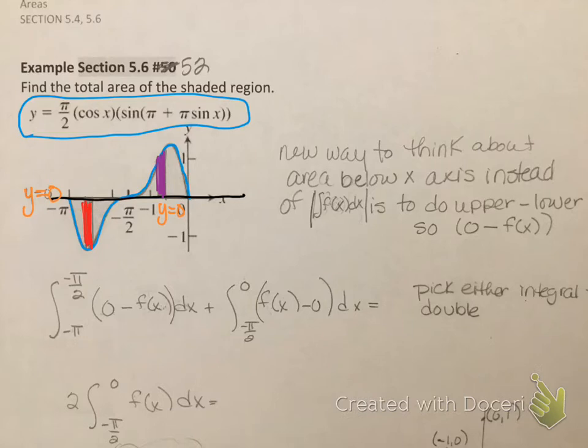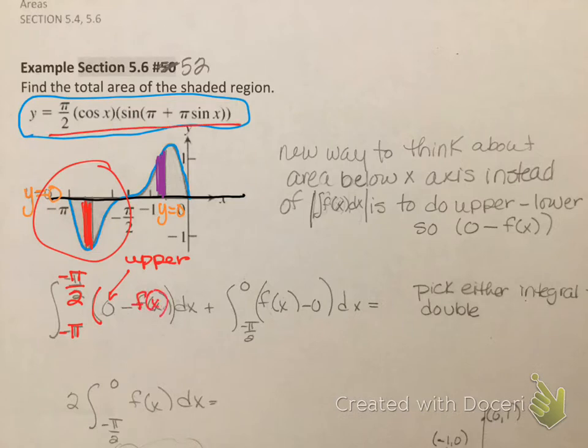So let's set up an integral for this. I'm going from negative pi to negative pi over 2. Upper is 0. Lower is this horrible thing right here that I'm going to call f of x.